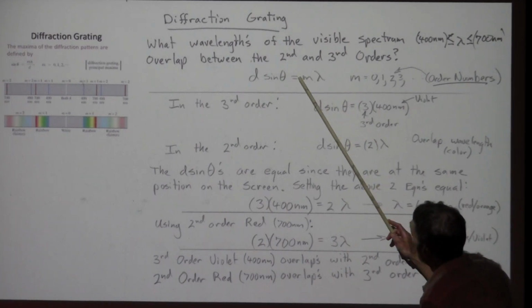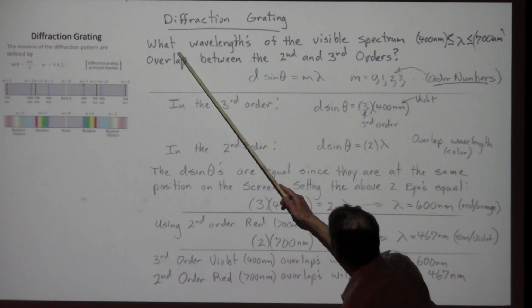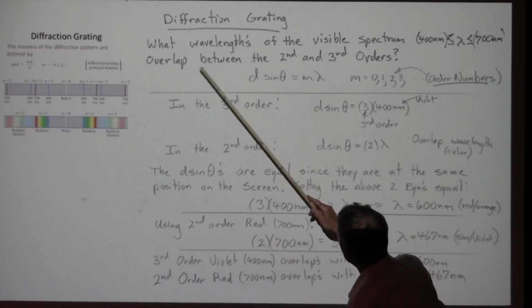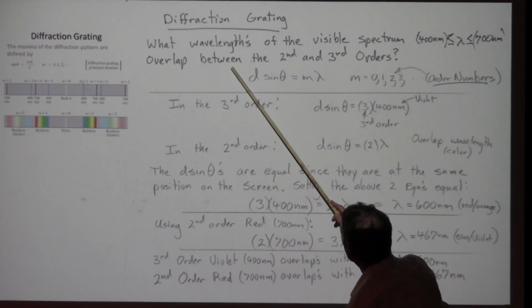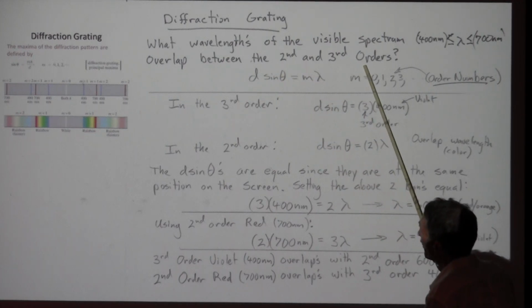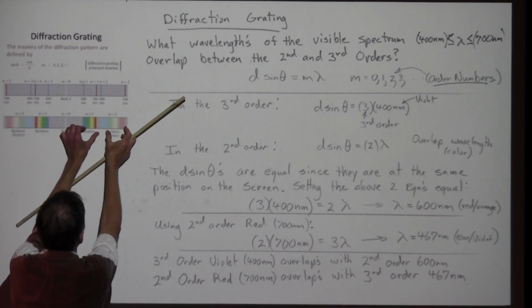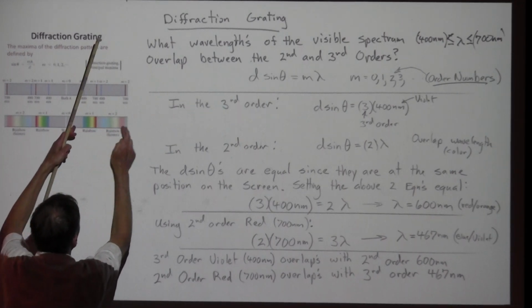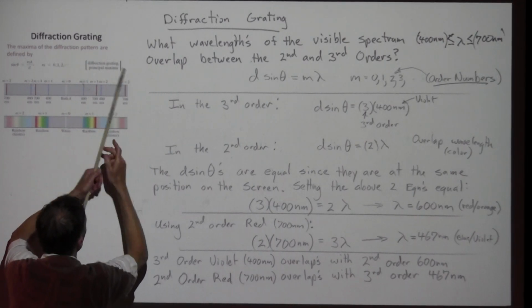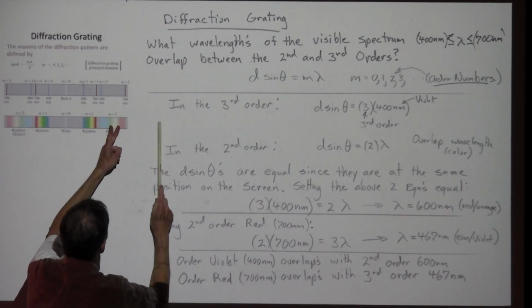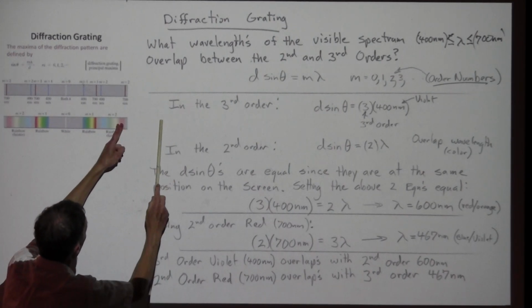And we want to know what wavelengths of the visible spectrum overlap between the second and the third order. So again, the first order and the second order stay relatively well defined. When we get out one more, m=3, it gets spread out a little more and starts to overlap with m=2.